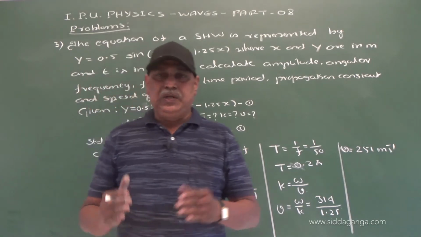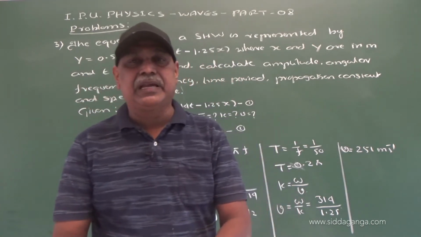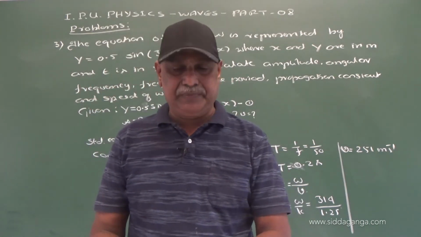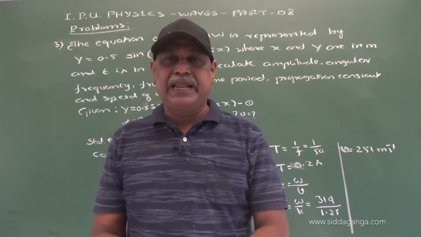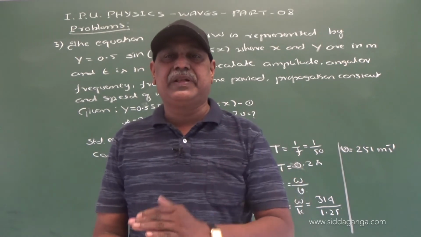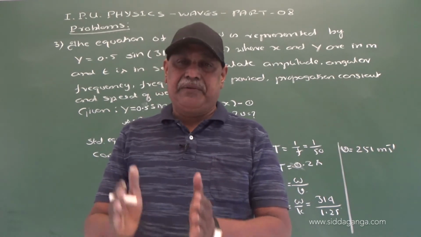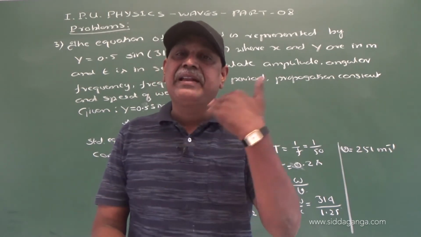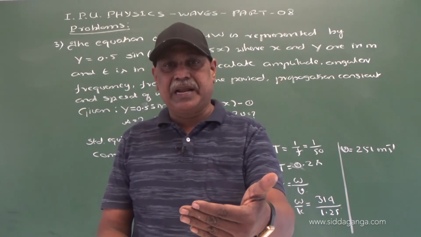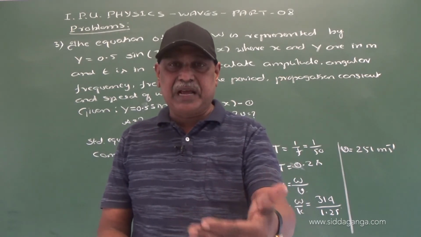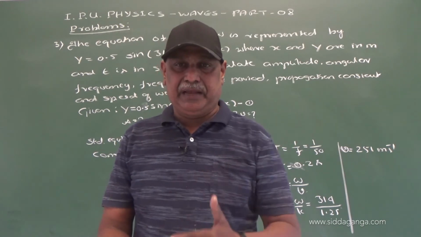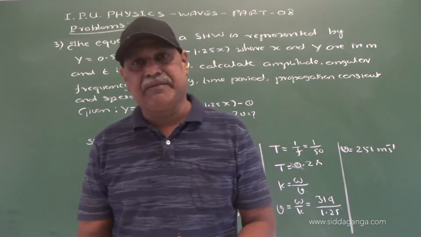Compare the given equation with the standard equation. Sometimes we can directly compare the given equation with the standard equation, or sometimes we have to modify the given equation so that we can compare it with a standard equation, right?